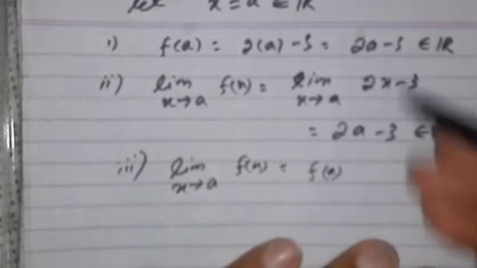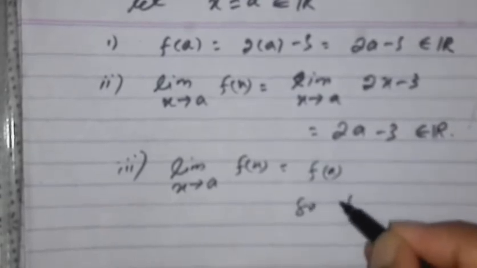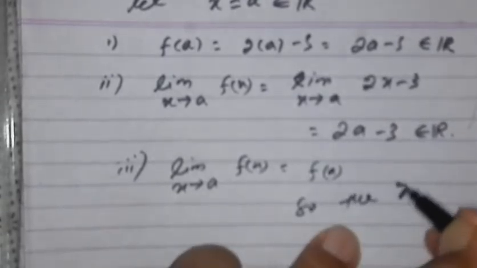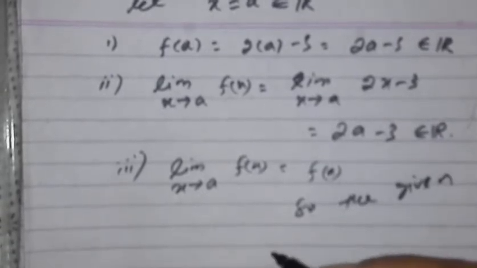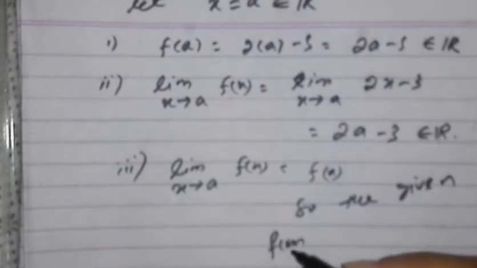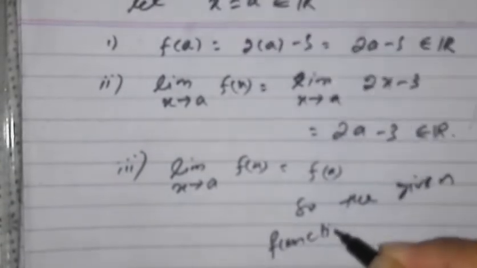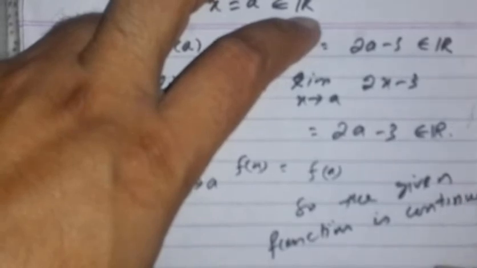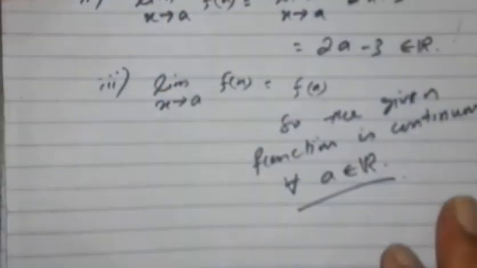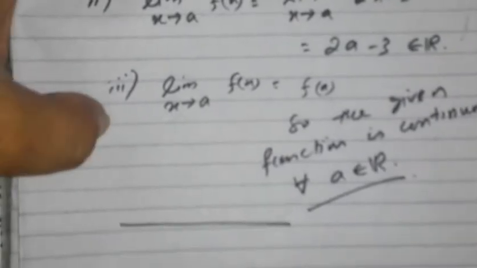Both values are the same, so the given function is continuous for all a belonging to the real numbers.